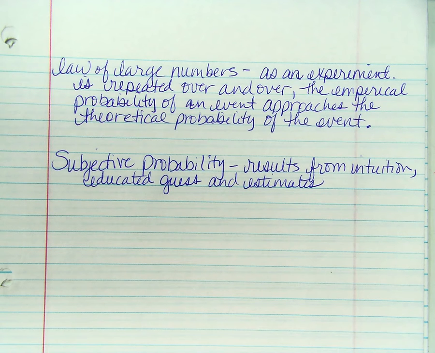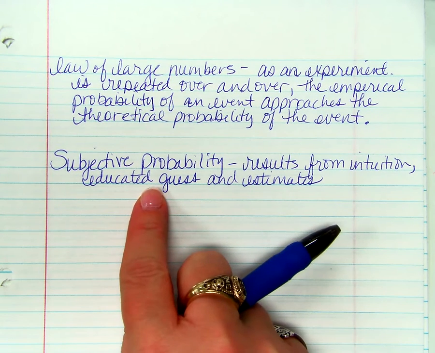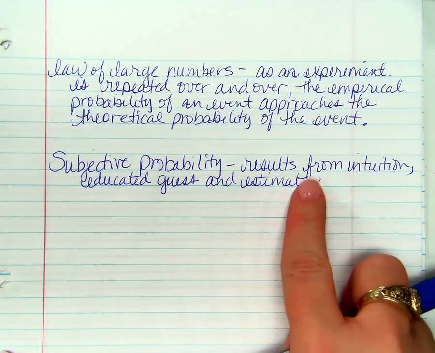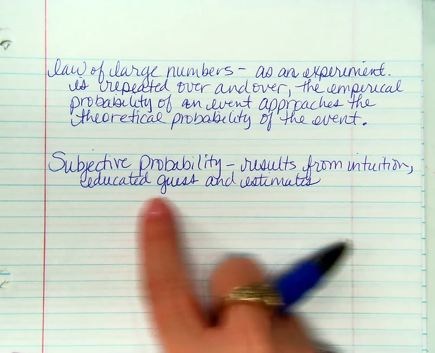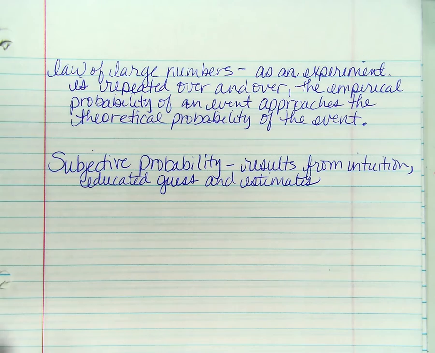Because he studied thousands of companies and kept all the records and knows that in this situation, 25% of them go on strike? No, he's guessing. He's using an educated guess based on companies that he has studied before. Does that make sense? So subjective probability is just that. It's subjective. We think stuff is going to happen because of our intuition, because of educated guessing, and because of estimating. Okay?